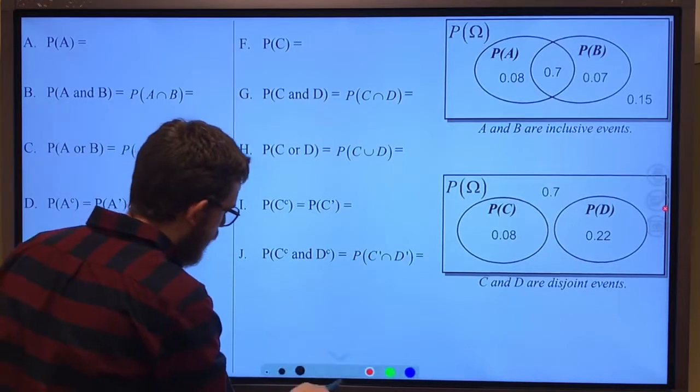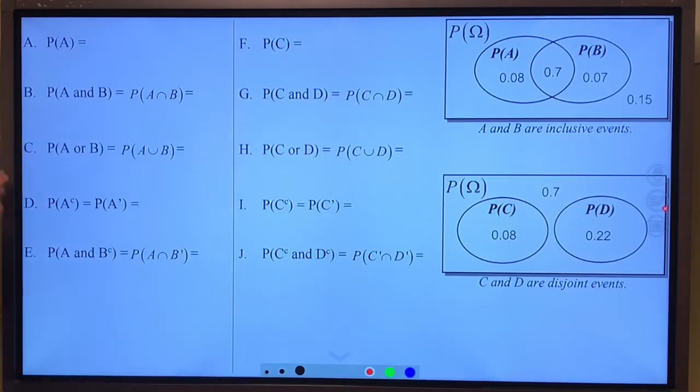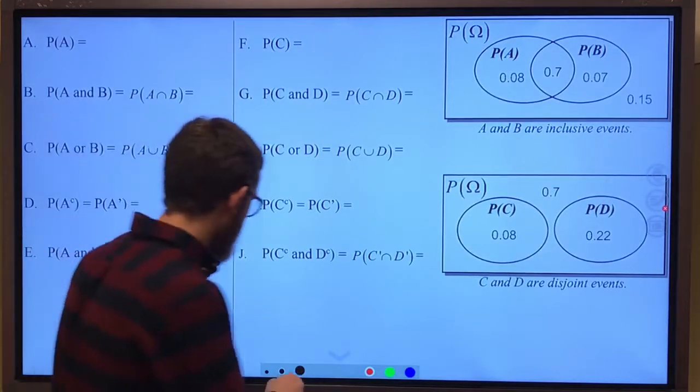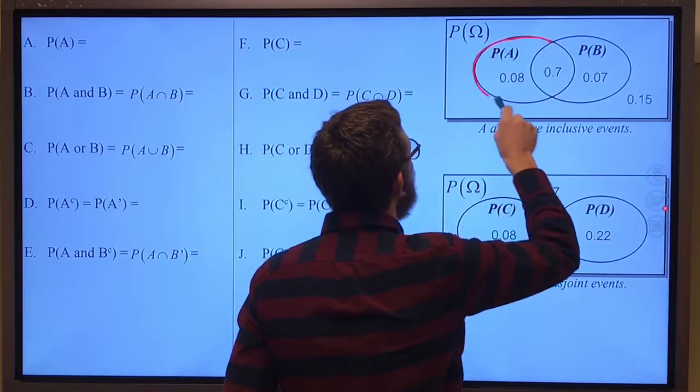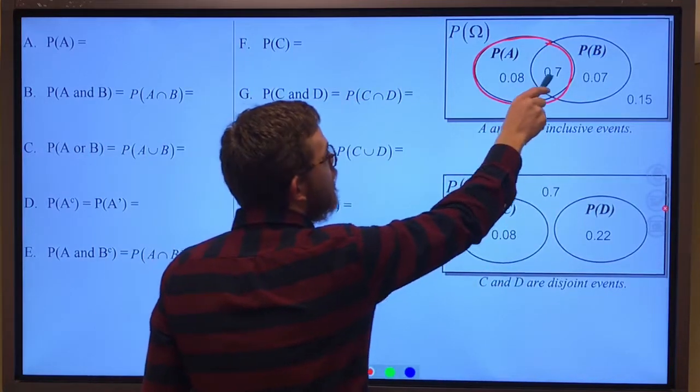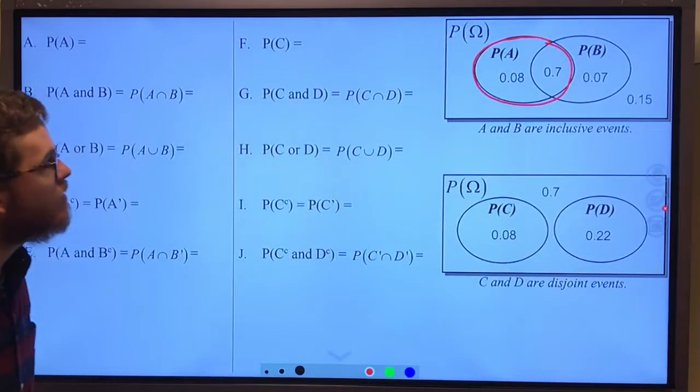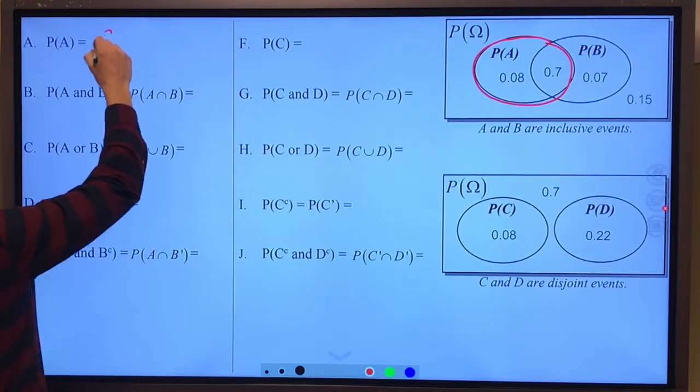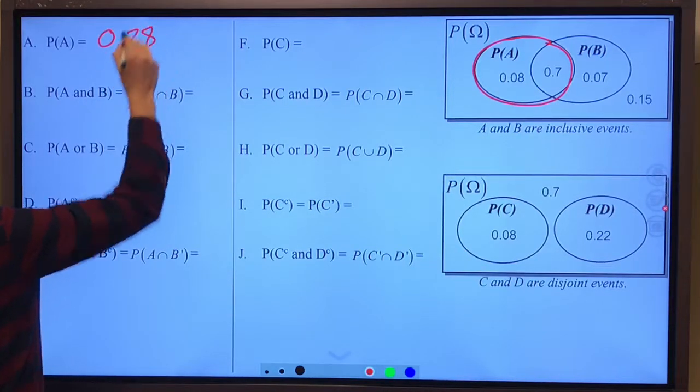So let's think about each of these questions. So probability of getting A, clearly it's referring to the top Venn diagram over there. Well, the probability of getting A, the A bubble, isn't just that 0.08. We have to combine it with the 0.7. That means the probability of getting A is 0.78.